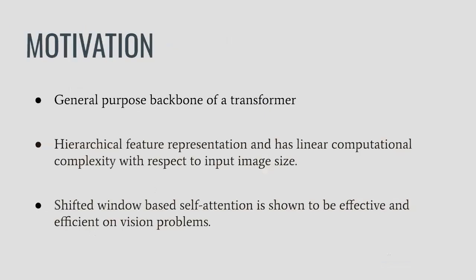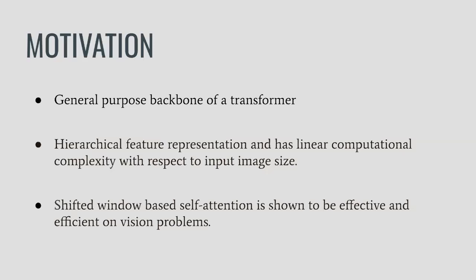In order to address these issues, the Swin transformer comes into play. The Swin transformer is a general-purpose backbone for computer vision, and it was introduced with the representation of computation with shifted windows. The shifted window scheme brings greater efficiency by limiting self-attention computation to non-overlapping local windows while also allowing for cross-window connection.